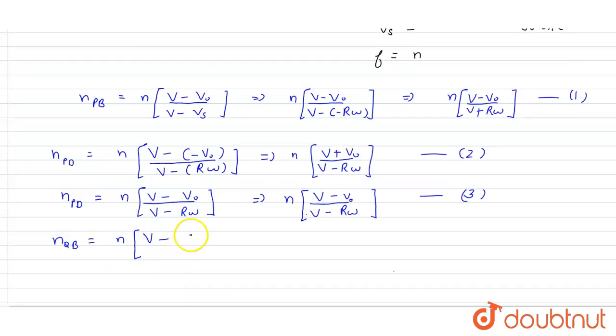So this becomes n into v minus 0 upon v plus r omega, which is n into v upon v plus r omega. This is equation number 4.